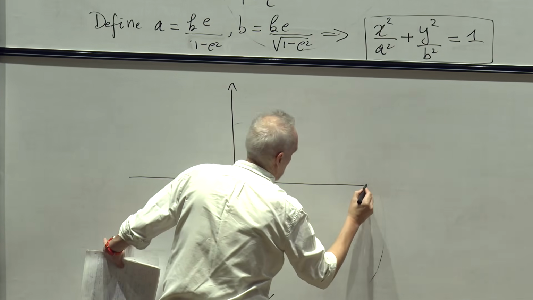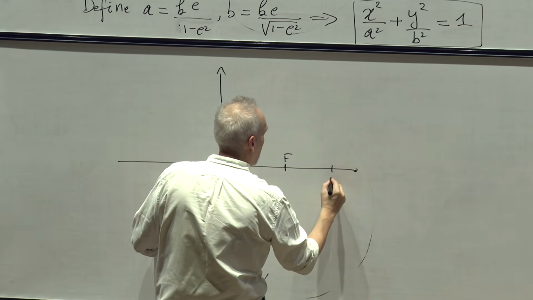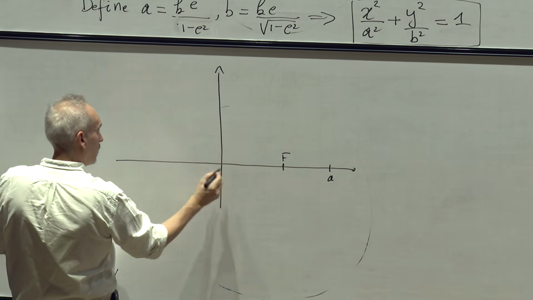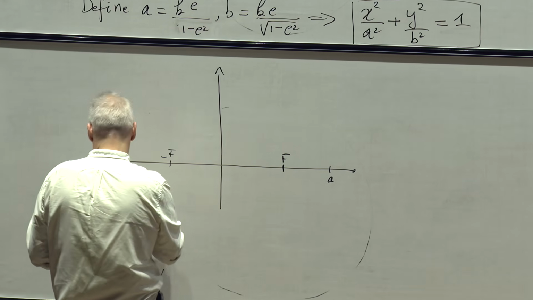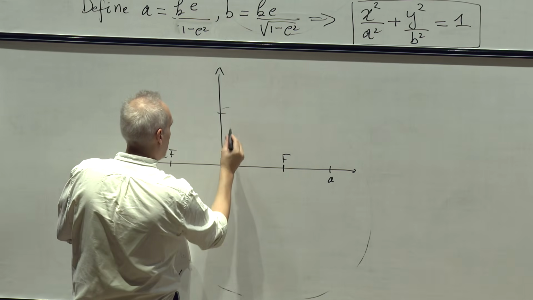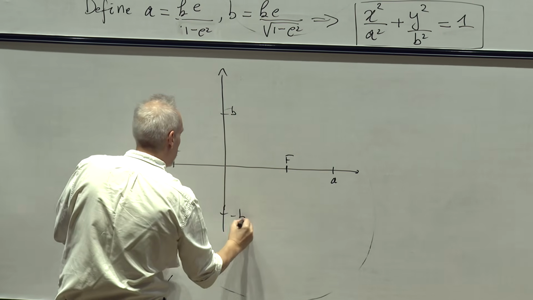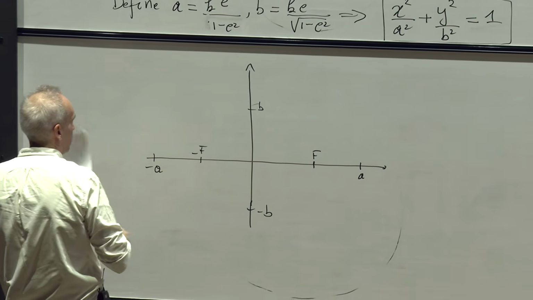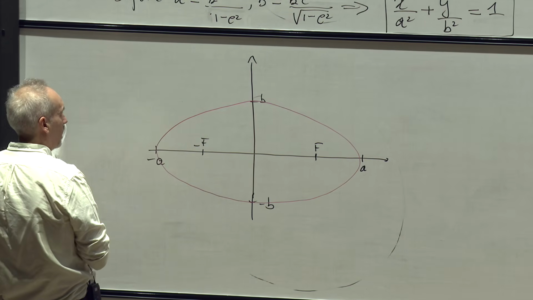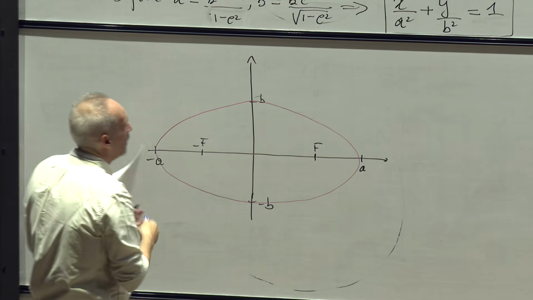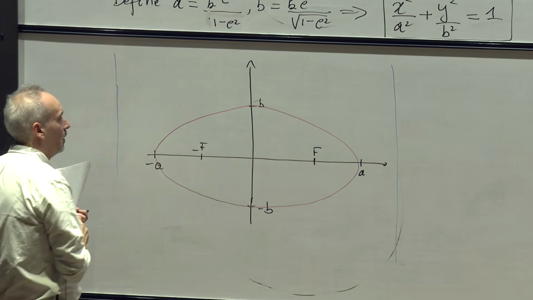So I have the focus here, F. I have A, and minus F and minus A. And I have B here, and minus B. And so my ellipse goes around, something like that, with the directrix being here, or there is one on the other side too that you can create by symmetry.